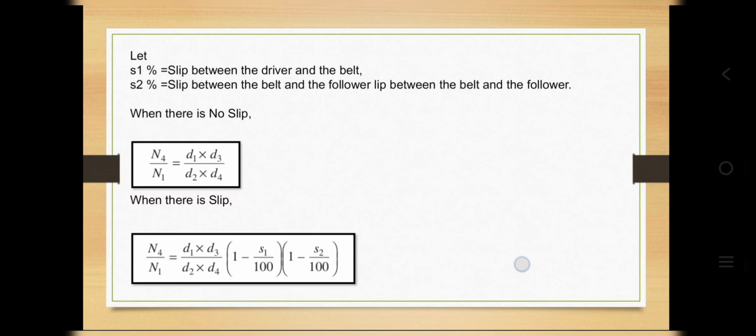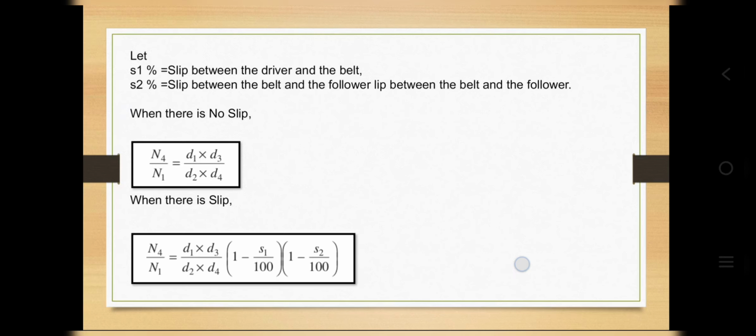Let s1 percent equal the slip between the driver and the belt. s2 percent is the slip between the belt and the follower. When there is no slip between the pulley and the belt, what was the formula? N4 divided by N1 equals D1 into D3 divided by D2 into D4.